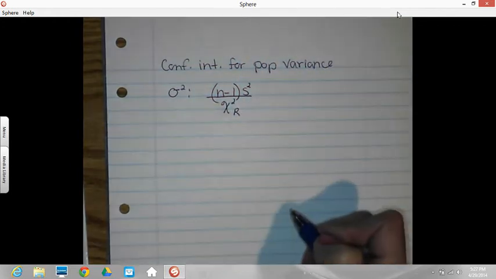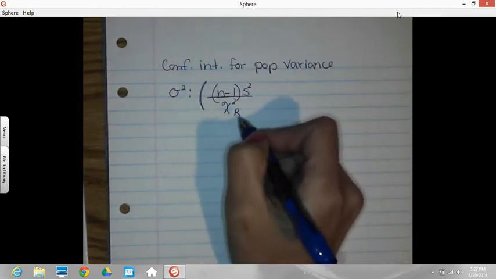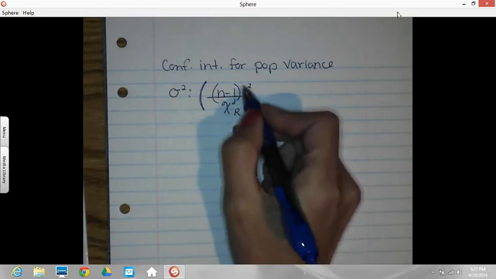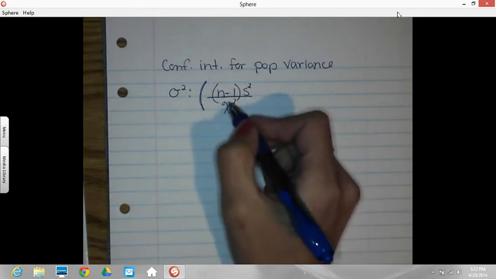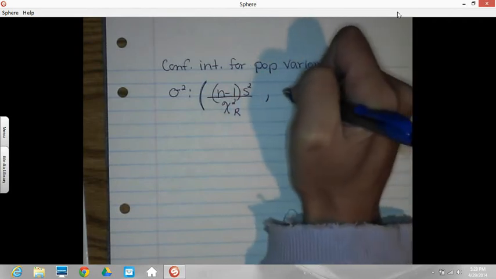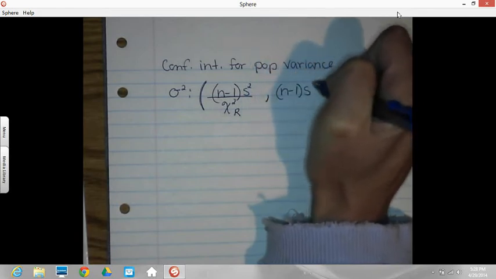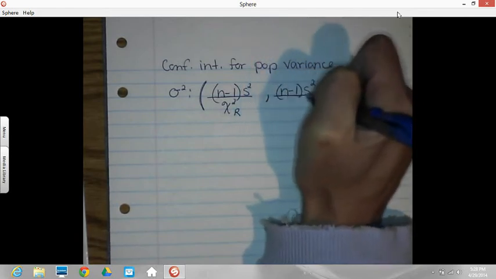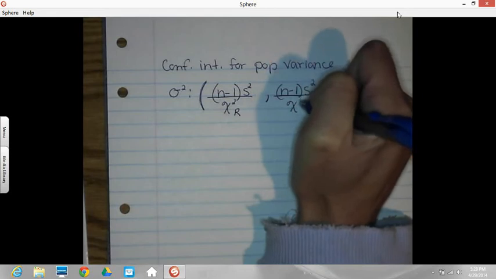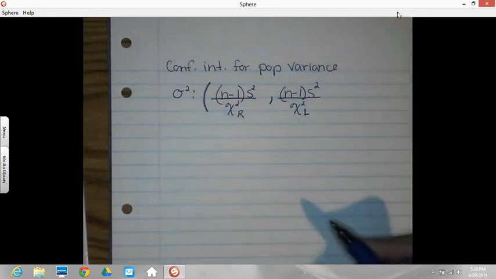Because remember, this is going to be the small end of my interval, so I want the bigger number down here. If I divide by a bigger number, I get a smaller outcome. And then the upper end is n minus 1 times that standard deviation squared, and the bottom is chi-squared left. So they switch places when I actually do the interval.